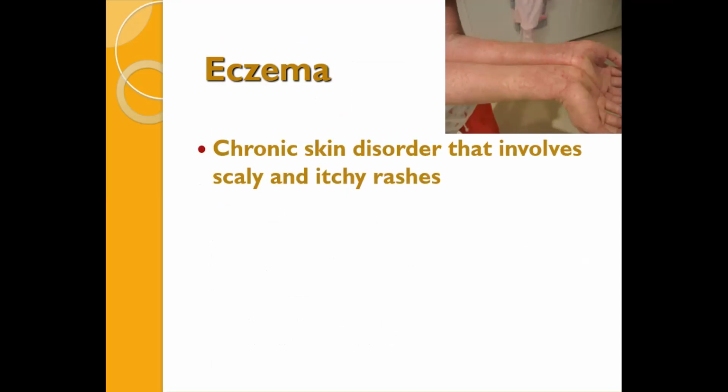Next is eczema. Eczema is a chronic skin disorder, which means it happens progressively, a lot over time, that involves scaly and itchy rashes.